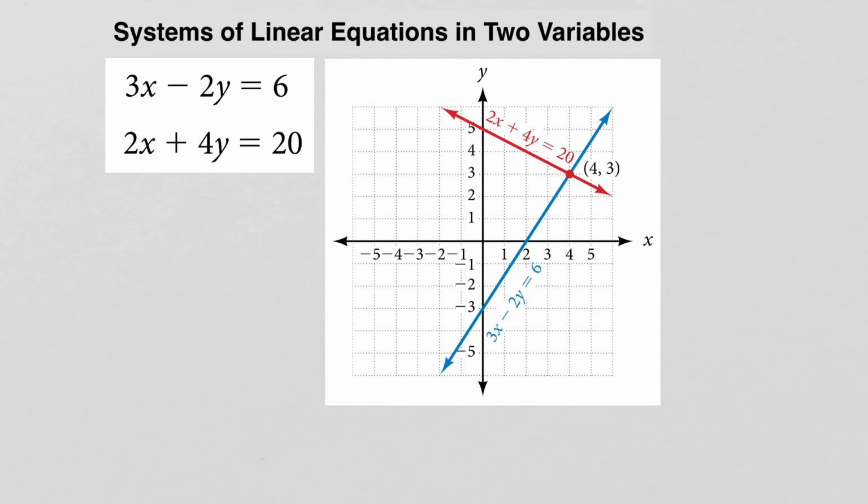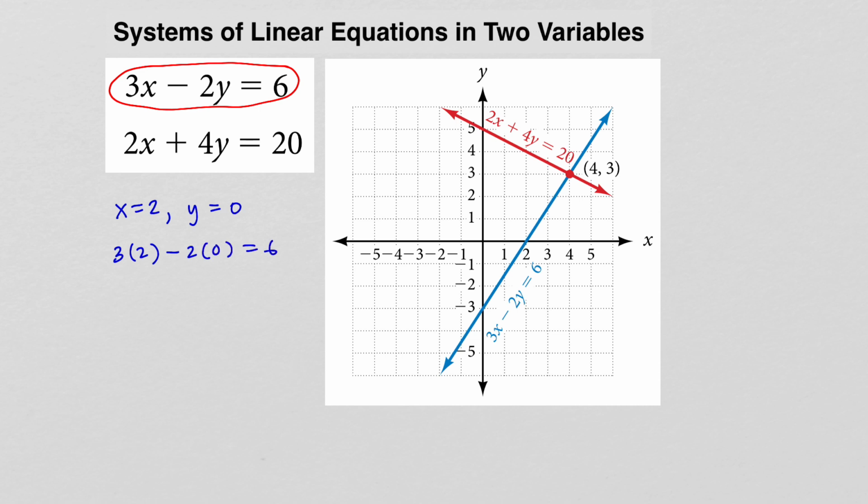Now, each of these linear equations has infinitely many solutions. So, for example, if you just concern yourself with the first linear equation here, let me give you a couple of solutions. If x is equal to 2 and y is equal to 0, if you plug those in, you get 3 times 2 minus 2 times 0 is equal to 6.